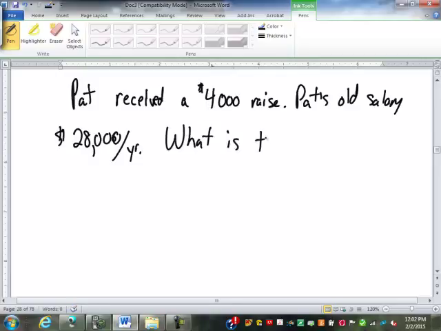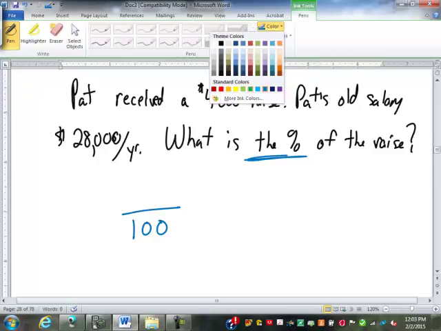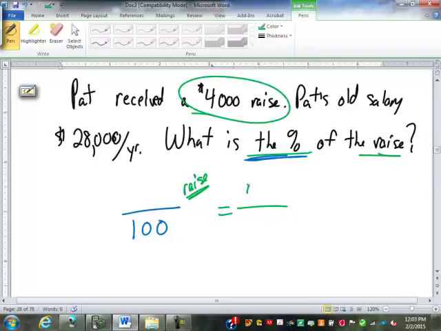What is the percent of the raise? So we're looking for the percent this time. So something out of 100. We asked, what is the percent of the raise? So whatever this missing number is here, it's describing the amount of the raise. So on the other side here, $4,000 goes there.